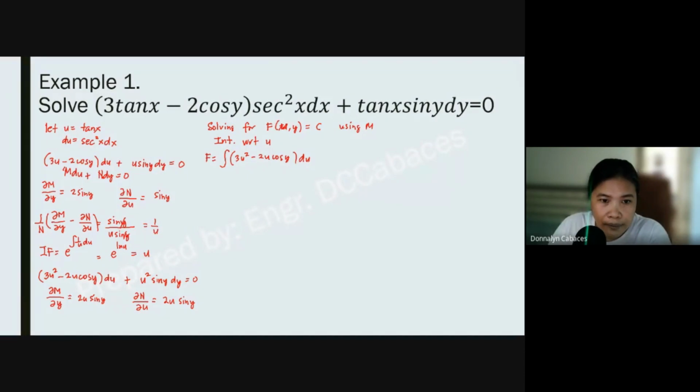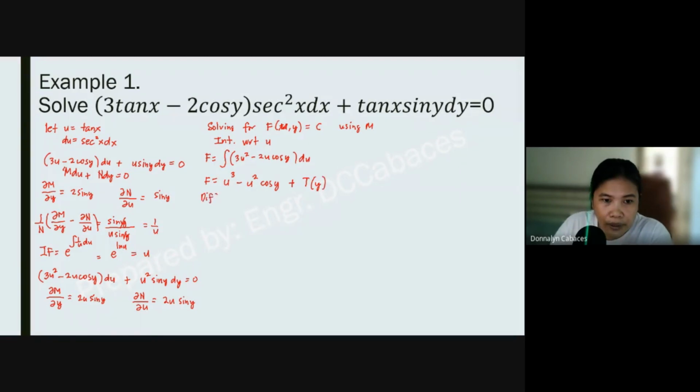Integrating, the integral of 3u squared du is 3u cubed over 3, so that is u cubed. Then you have minus 2 cosine y, and the integral of u du is u squared over 2. So you have minus u squared cosine of y plus the constant of integration, p, as a function of y.